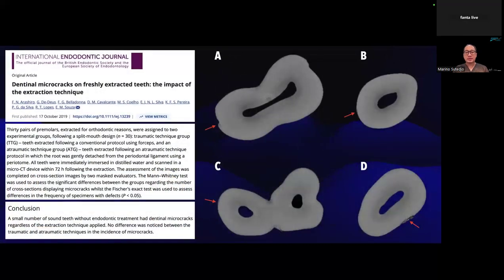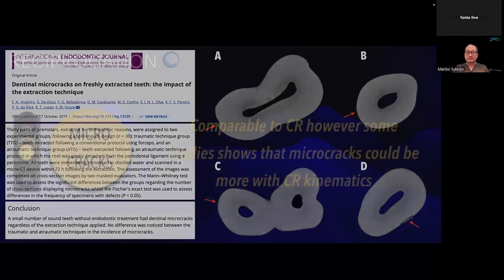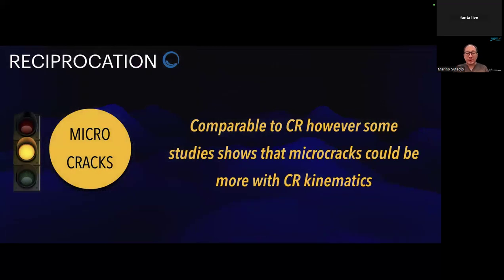In fact, the question is that a small number of good teeth without any endodontic treatment will also have microcracks because of the extraction impact, not because of the instrumentation. So we are still not 100% sure, and I'm not going to say that reciprocation creates microcracks, but I'm going to say it's comparable between continuous rotation and reciprocation.